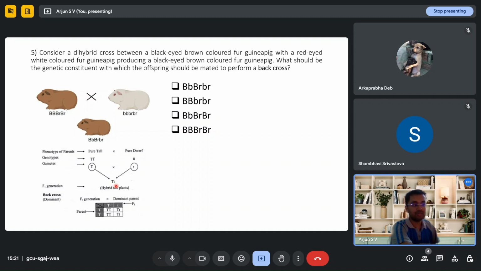In the test cross, you cross it with a homozygous recessive organism to produce one half and one half of the recessive and the hybrid genotypes. Here you do a back cross to give one half to one half homozygous dominant and heterozygous dominant.